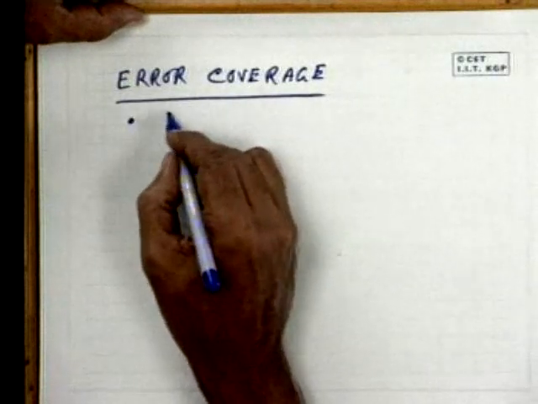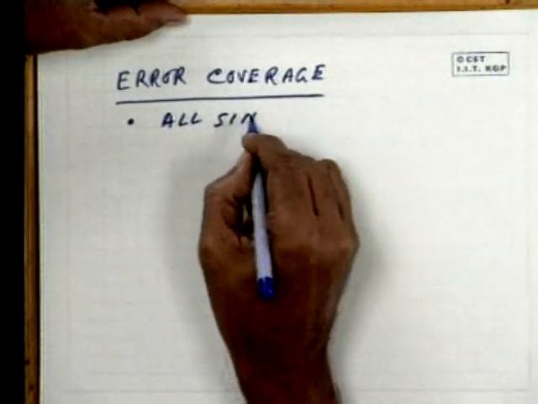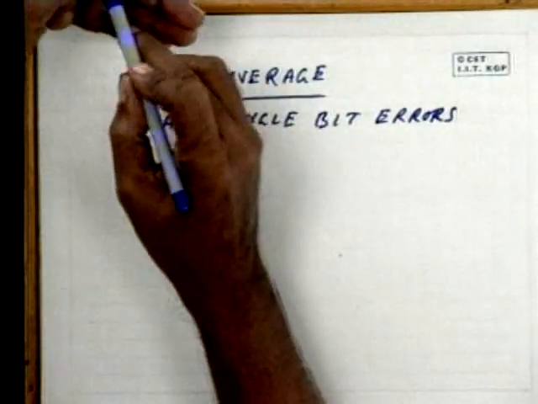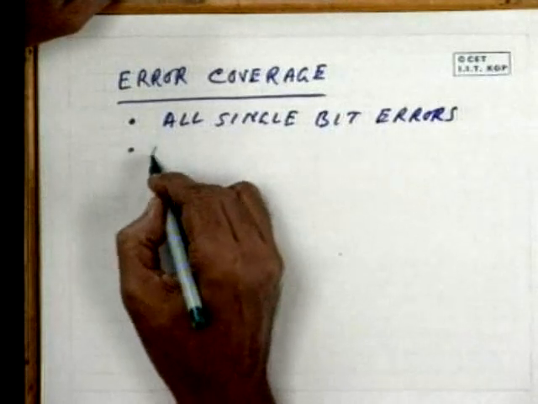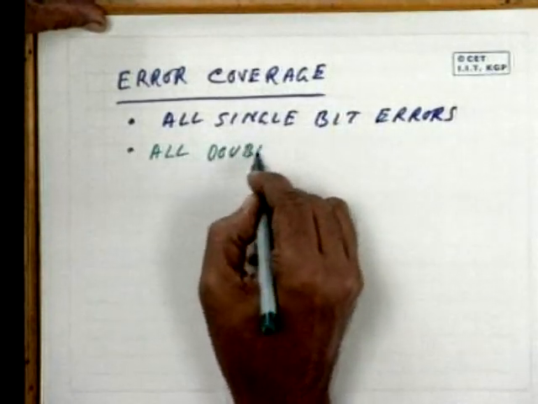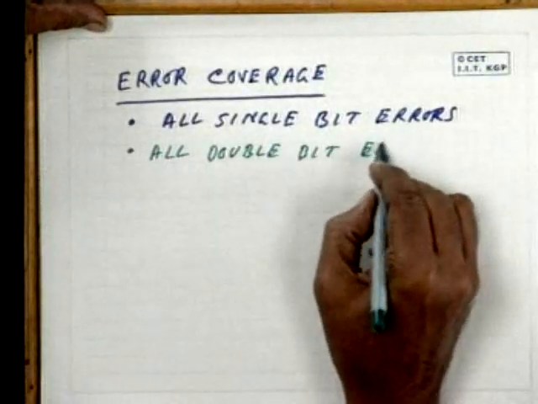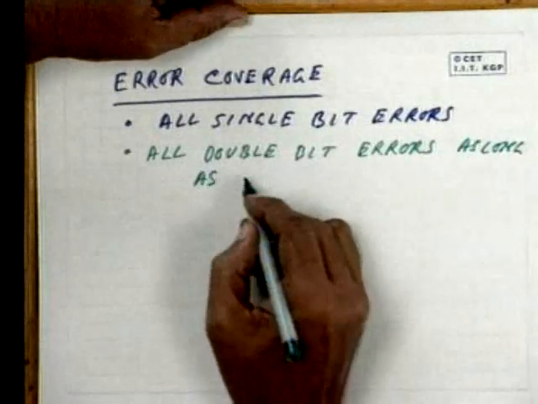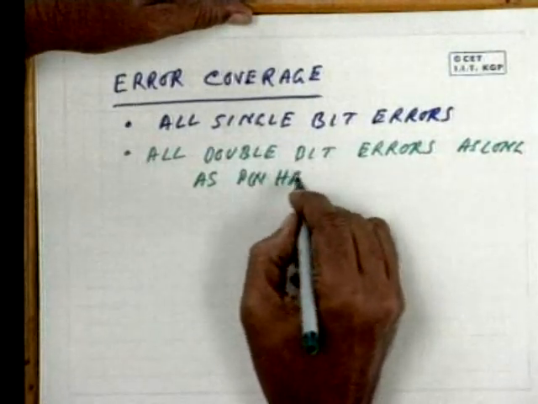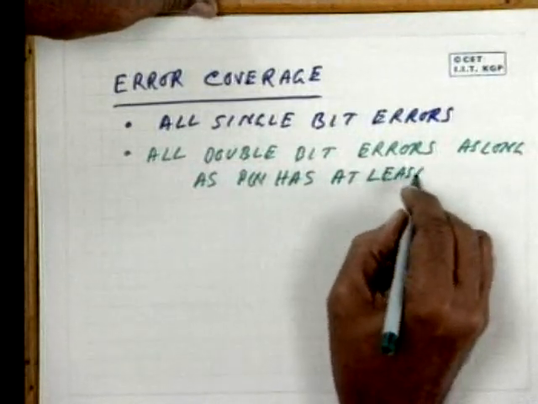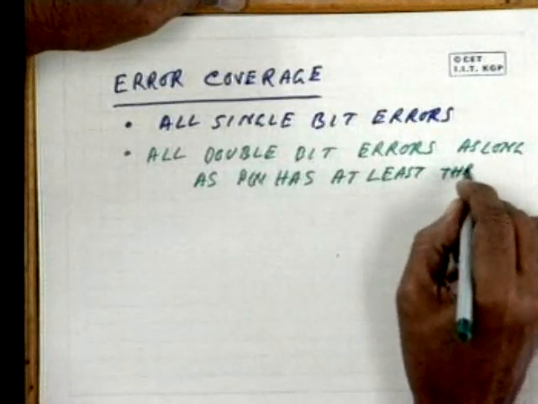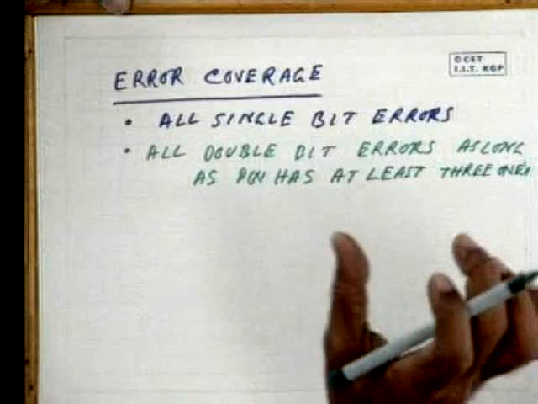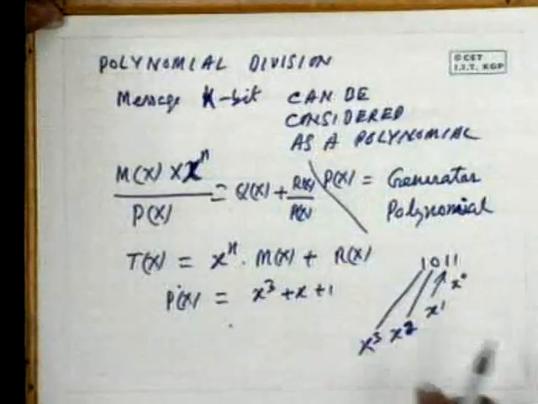It can detect all single bit errors, and all double bit errors, as long as Px has at least 3 ones. 3 ones means in the generator polynomial here, for example, there are 3 ones.